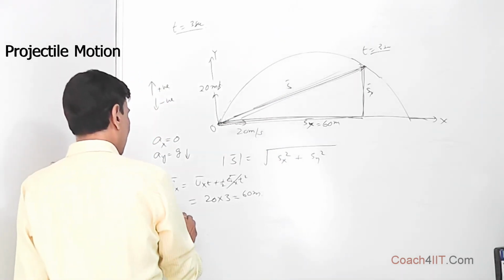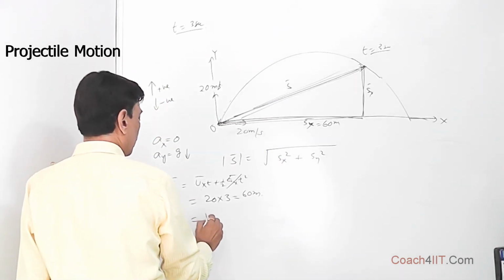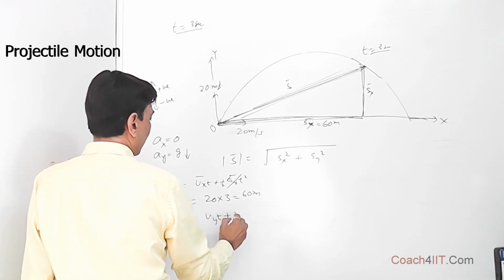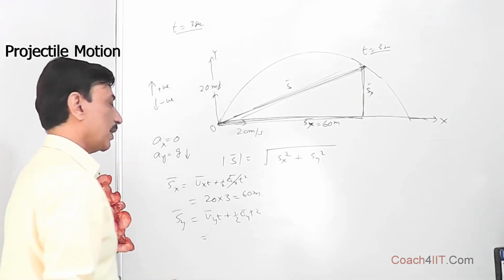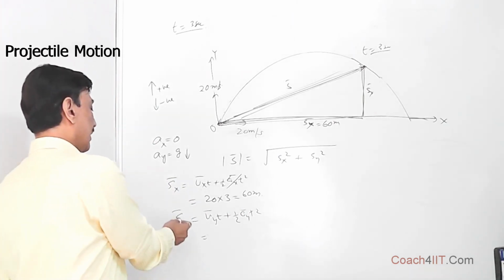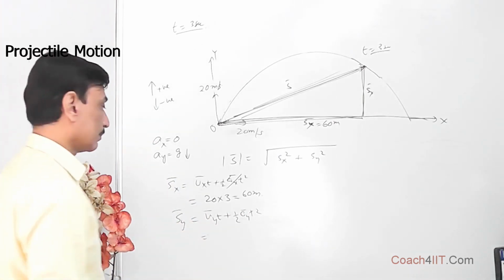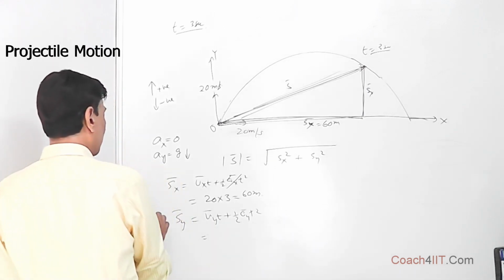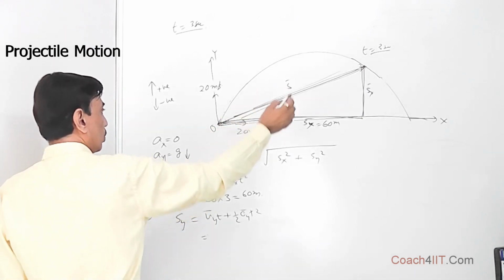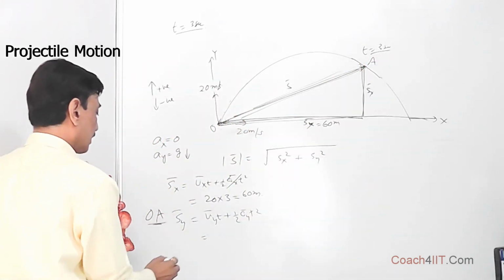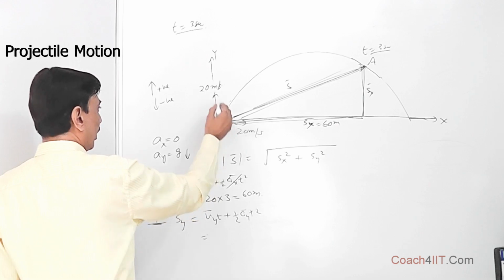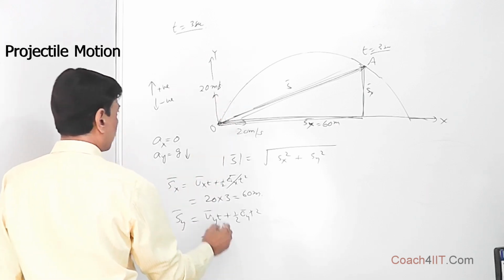Now we are interested in the displacement along the y-axis. S is equal to ut plus half at square. Along the y-axis, Sy is equal to uyt plus half ayt square. Once again, we are starting our observation at O and closing the observation at A, so our journey is from O to A. Uy along the y-axis is 20 in the upward direction, so it is positive.